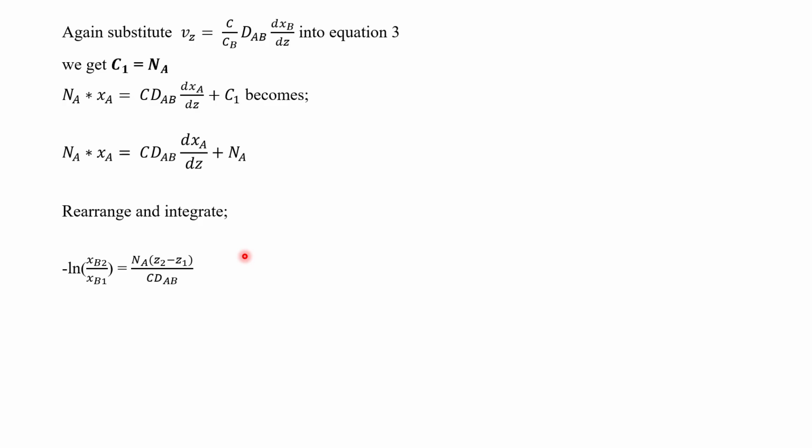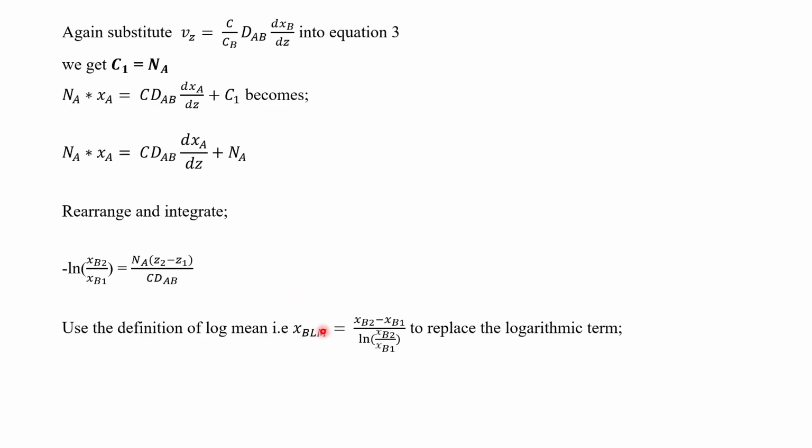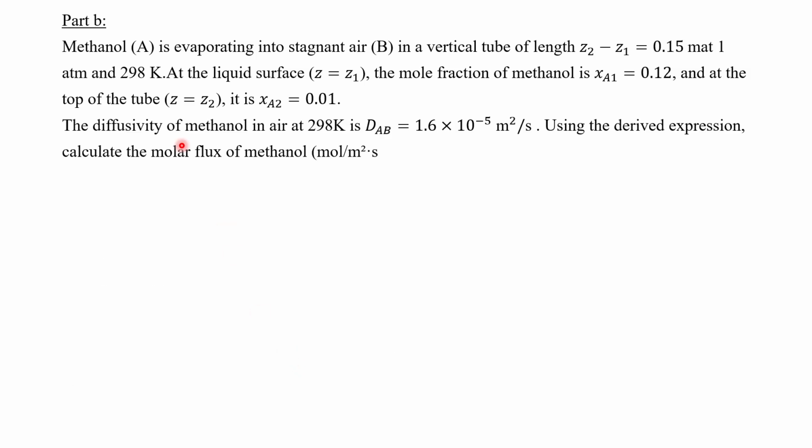And integrate them. Finally, we use the definition of B log mean to replace this ln term, and this is our final expression, which is same with respect to shell balance. We'll solve a numerical with this, the part B of that question.